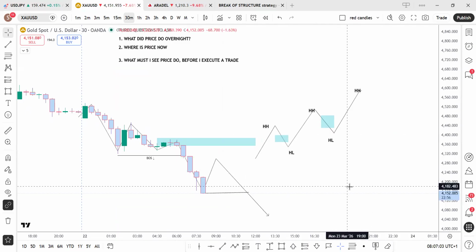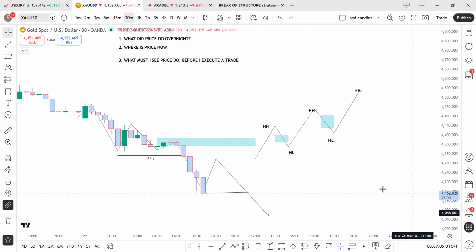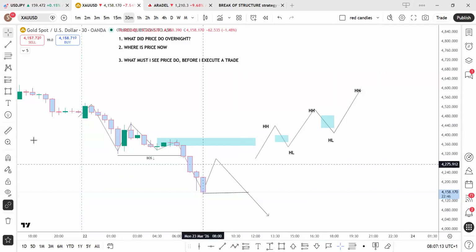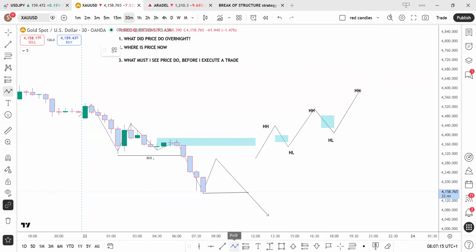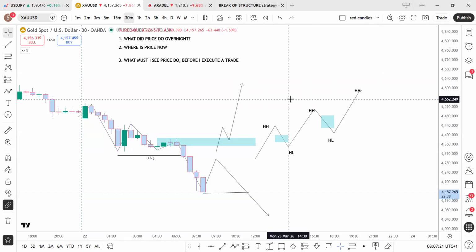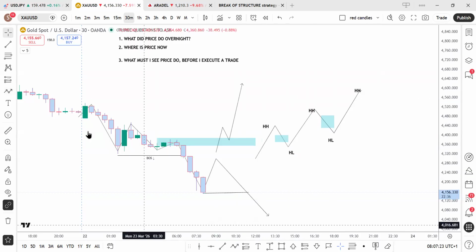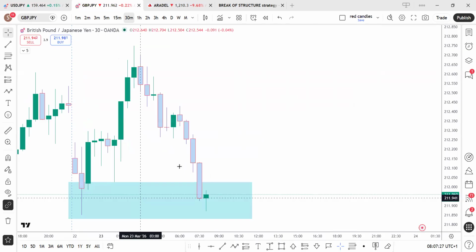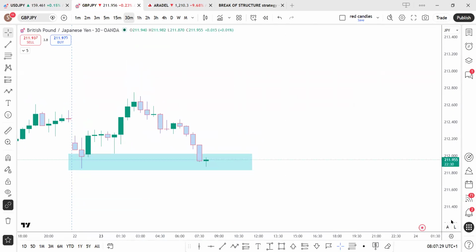Either it's going up or it's going down or it's going sideways. It will always give you that pattern. So just be patient to wait for your setup. Yeah, so that's all we're waiting for here. And we have also noted that if price then breaks above here, then we'll be looking for potential to go up.